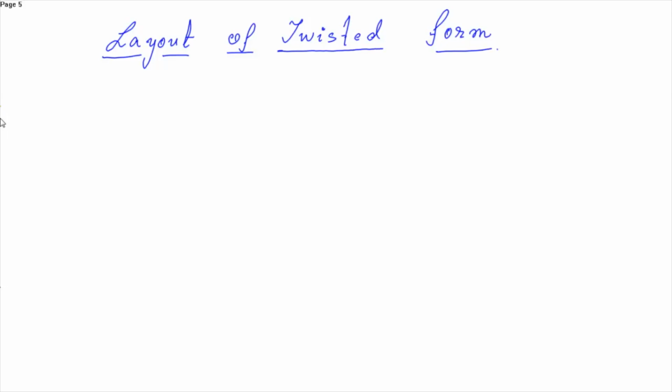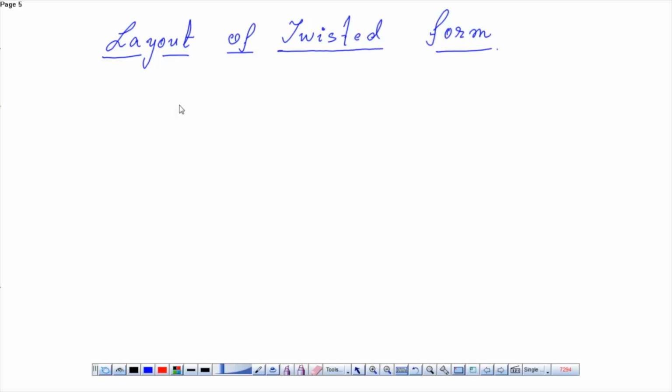How will you draw the layout? First, for the PMOS, you have to keep in mind we use the P diffusion layer, and in order to place the N substrate, we have the N well.